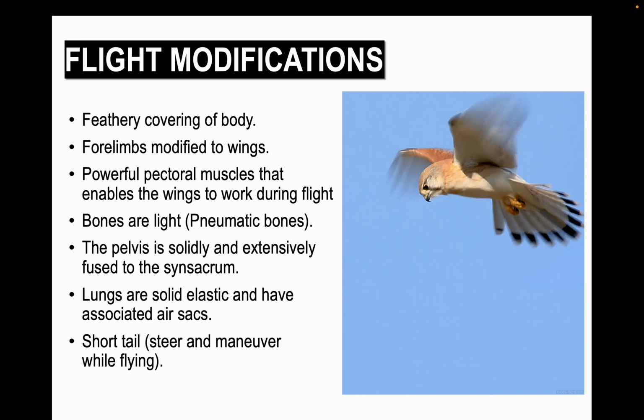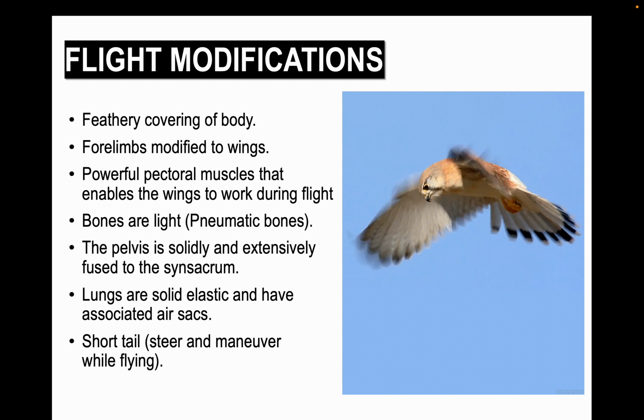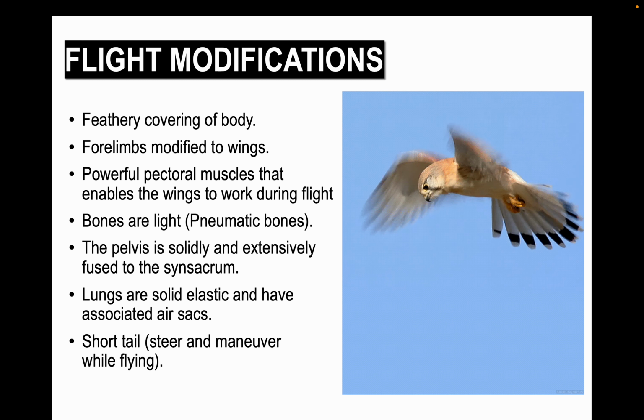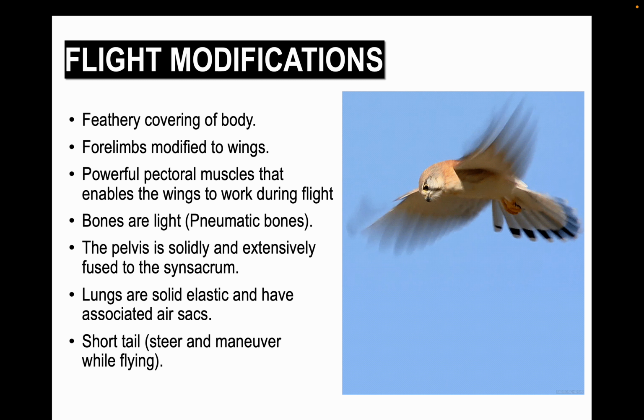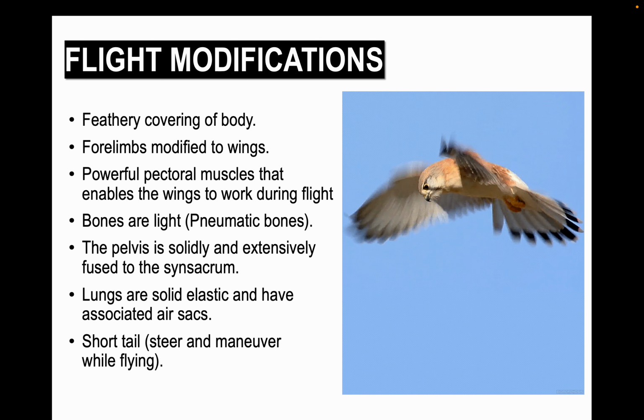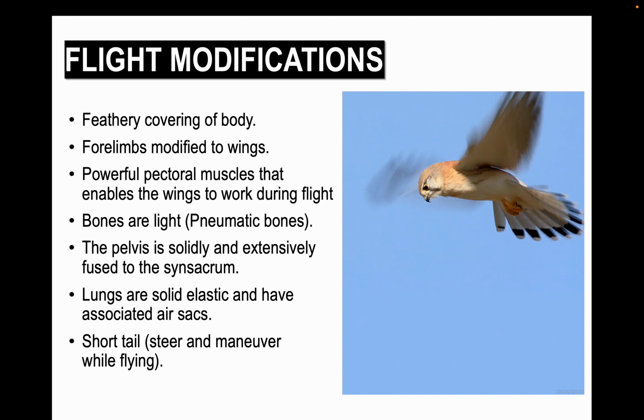The forelimbs are modified into wings and have powerful muscles associated with them. The neognathae have powerful pectoral muscles enabling them to work their wings during flight.